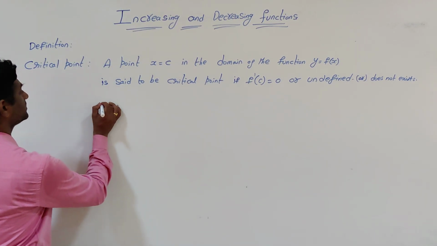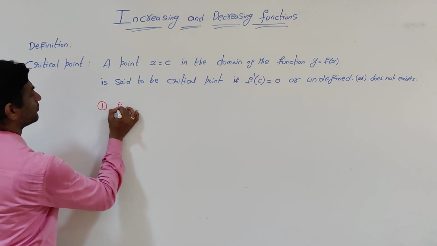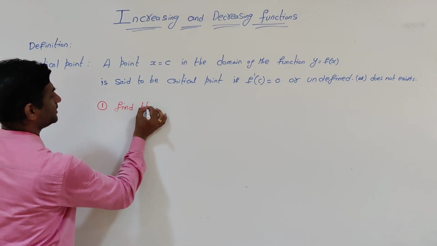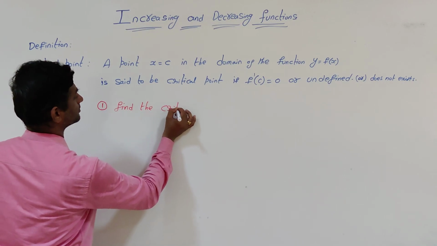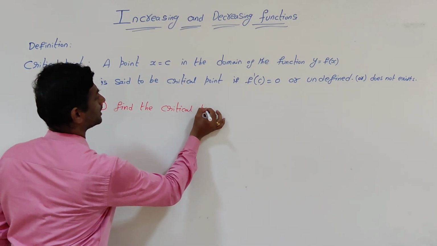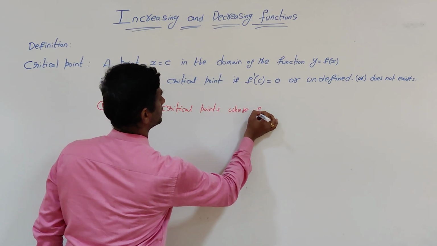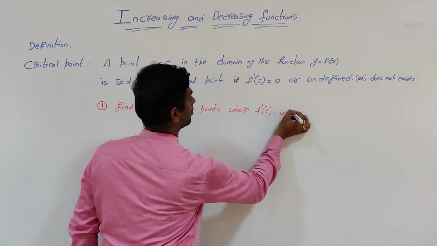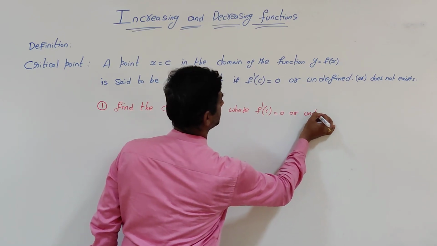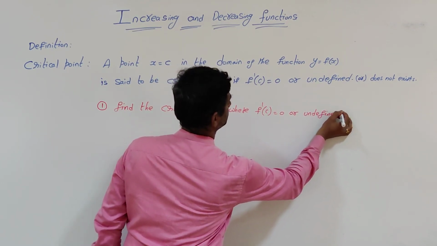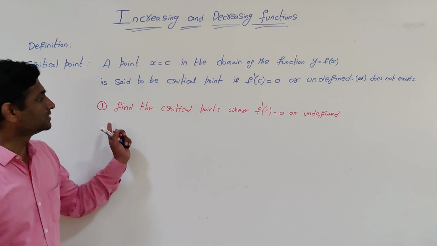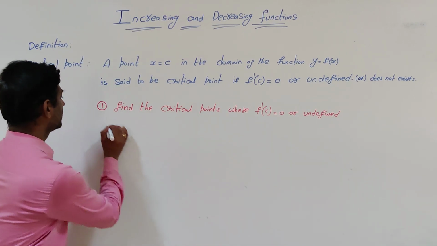The first step is to find the critical points where f dash of c is 0 or undefined. So this is the first step.